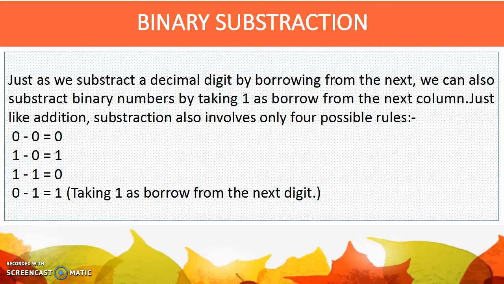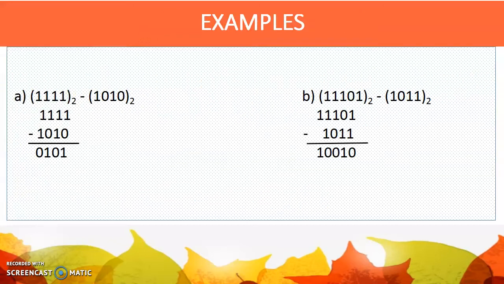Then how are we going to subtract 1 from 0? To do this, we have to borrow 1 from the next digit and the subtraction will be performed and the result will be 1. But the digit from where we have taken the borrow would become 0 after giving the borrow. So let's now solve some questions so that it would be more clear to you.